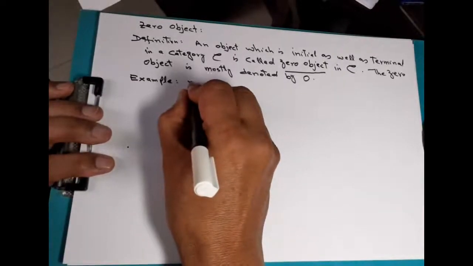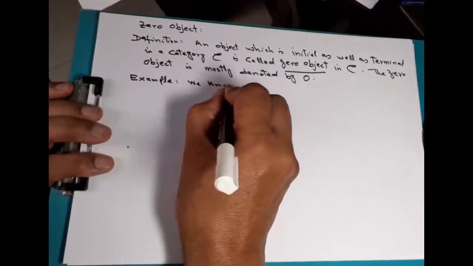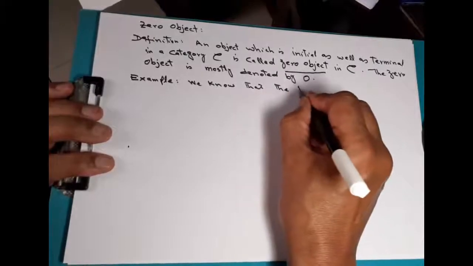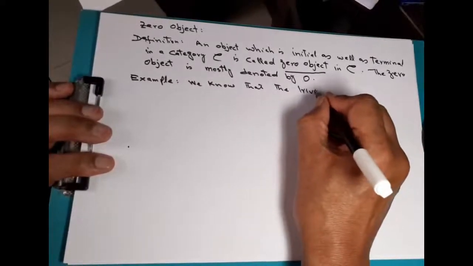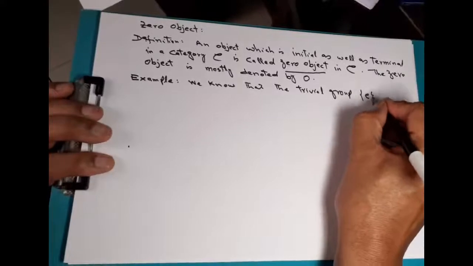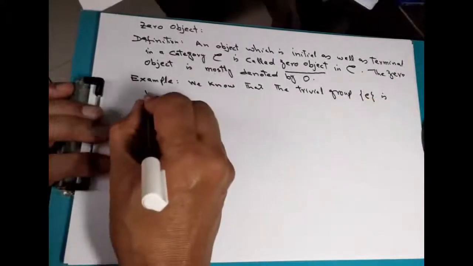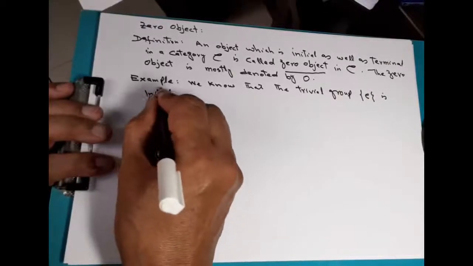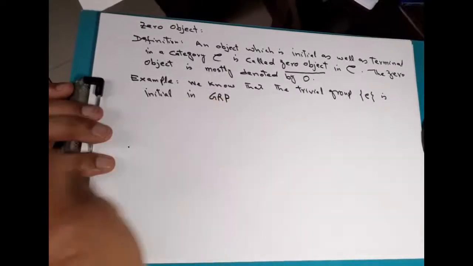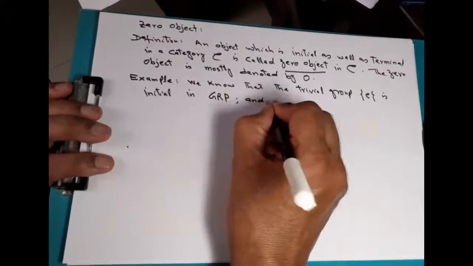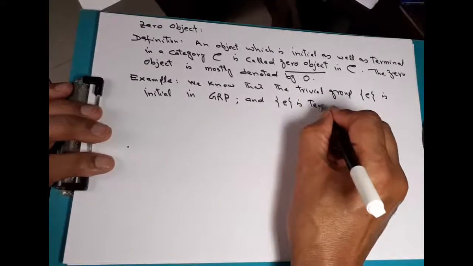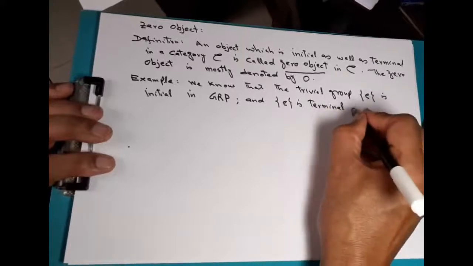So we know that the trivial group is initial in the category of groups and group homomorphisms, and the trivial group is terminal as well.